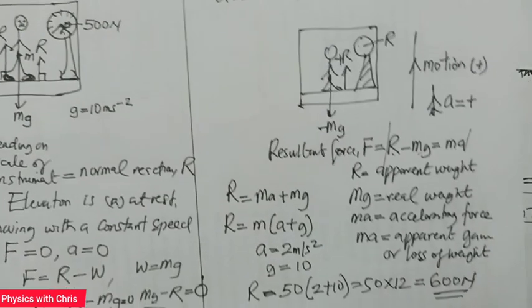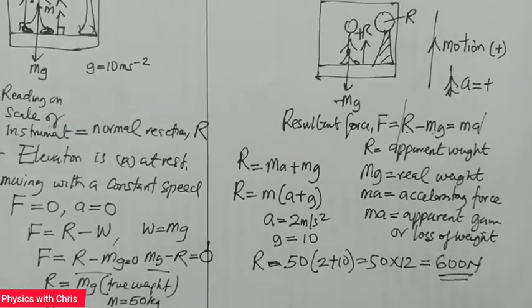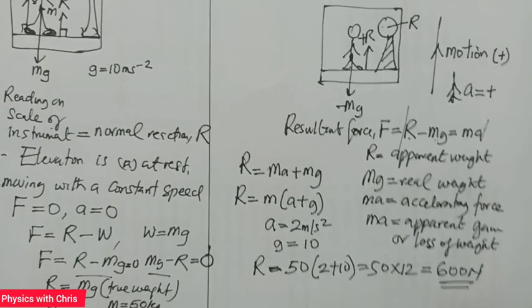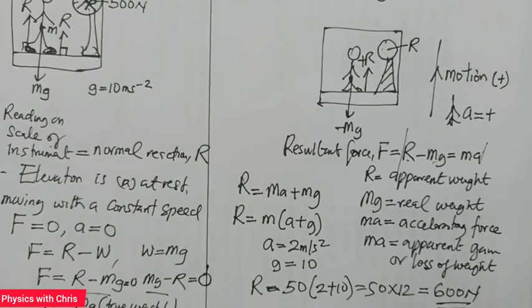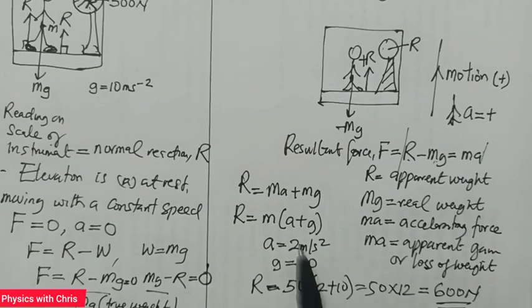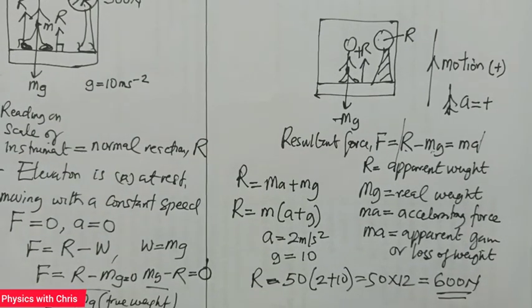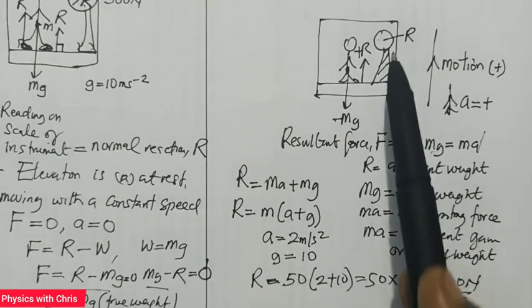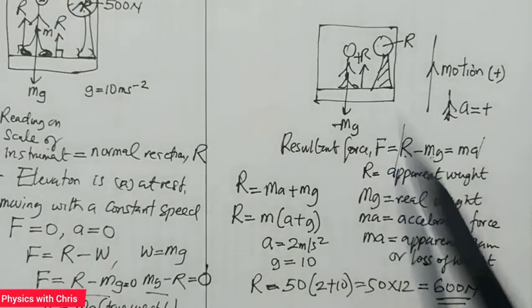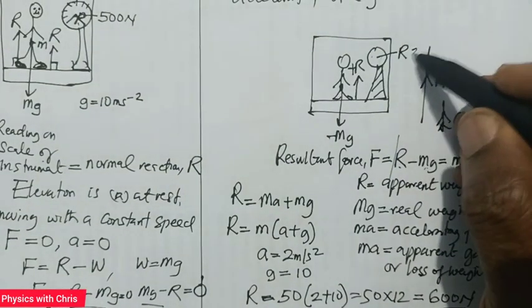So you can see that the boy's true weight is 500 Newton, given that his mass is 50 kg. But look at it now, just by this lift ascending with an acceleration greater than 0, that is 2 meters per second squared, the scale displays a higher reading, 600 Newton.